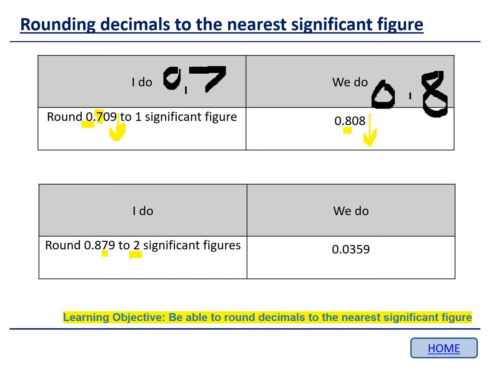And we do know that 9 is bigger than 5, so that means it's going to help us round up here for our two significant figures on the 7, which means it's going to take us to 0.8 tenths and 8 hundredths, so 88 hundredths. Okay, so that 9 is rounded up to 88 hundredths to two significant figures. Pause the video, have a go at the redo.